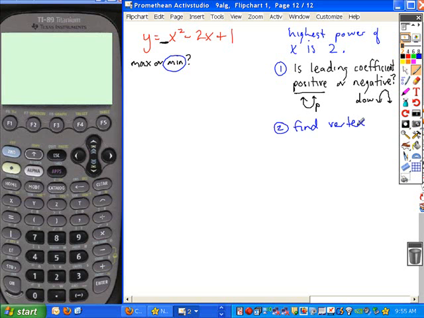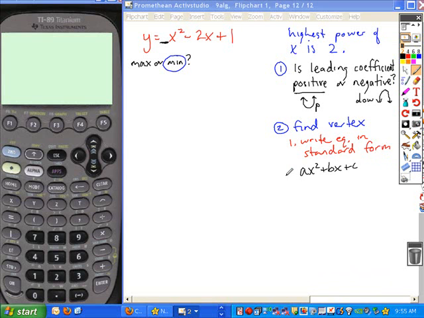What you're going to do is write your equation in standard form. Standard form means in the form ax squared plus bx plus c equals 0. Or actually, we'll set this just equal to our regular function.